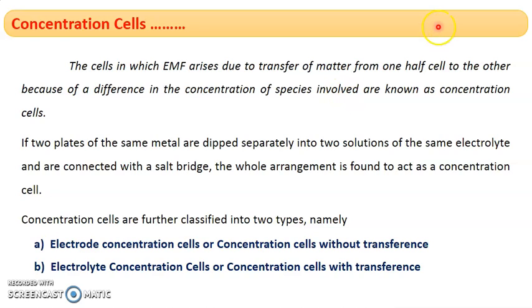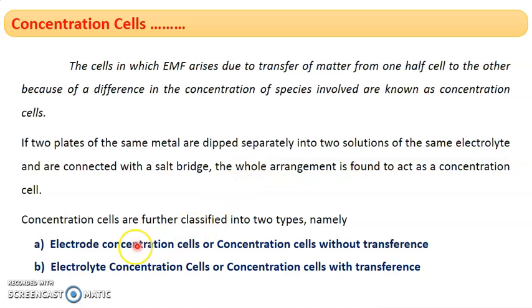For example, if two plates of the same metal are dipped separately in two solutions of the same electrolyte, and if they're connected by a salt bridge, this forms a concentration cell. Concentration cells are of two types.